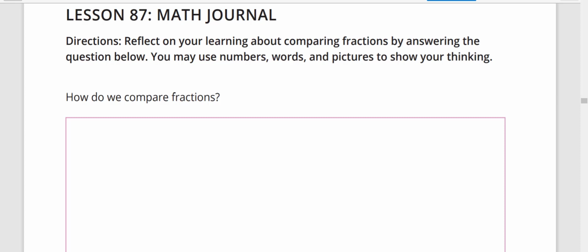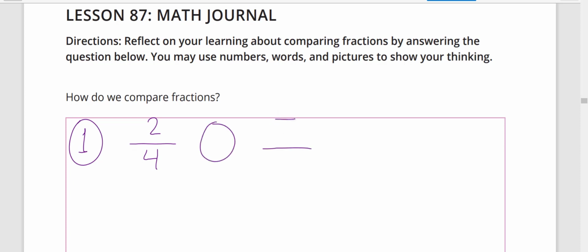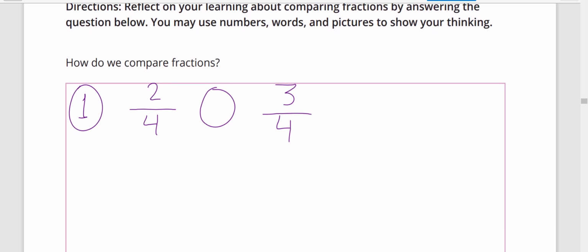First, number one, I have two fractions with the same denominator, 2 fourths and 3 fourths. Draw models to represent these two fractions.